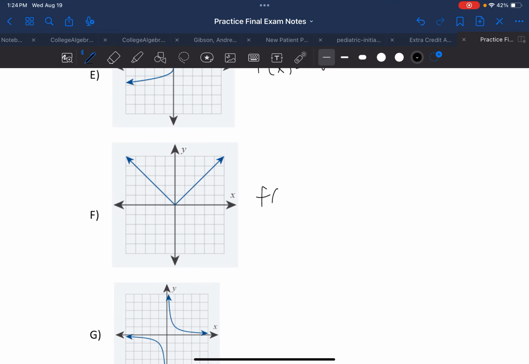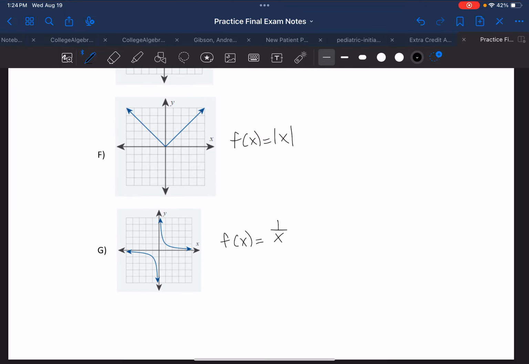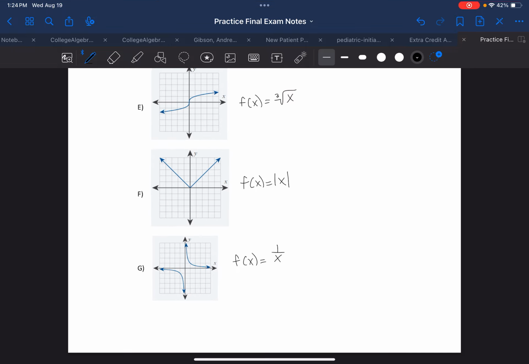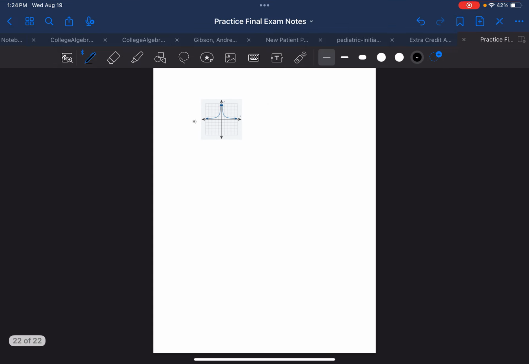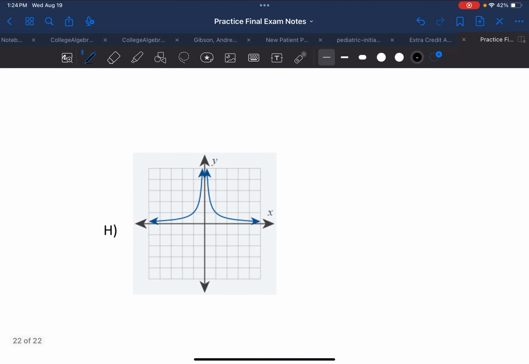This one is the absolute value function. And this one is the rational function, 1 over x. So those are your library of functions, the basic graphs that you should be aware of. This one shouldn't be on here.